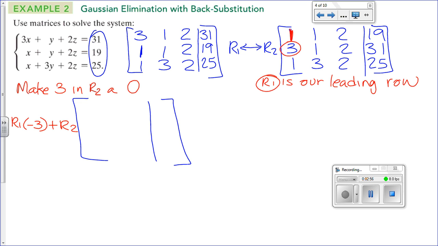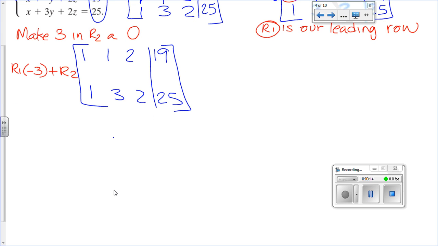Before we do anything, let's just copy the first and the third rows. So 1, 1, 2, 19. 1, 3, 2, 25. Below here, I'm going to do my scratch work. So R1 times negative 3.